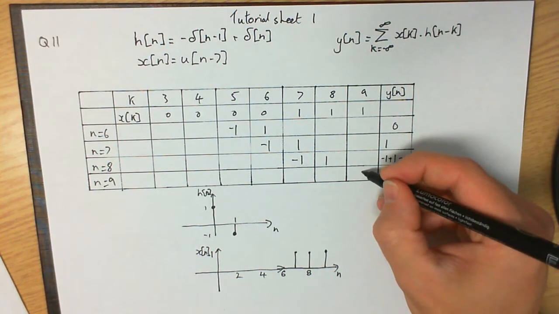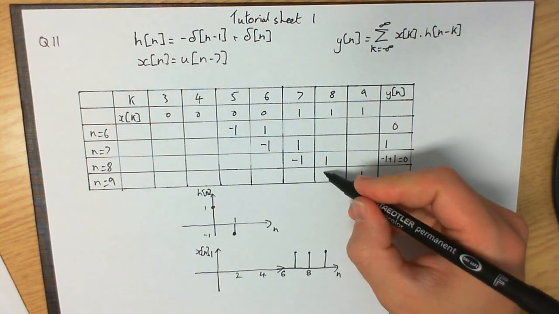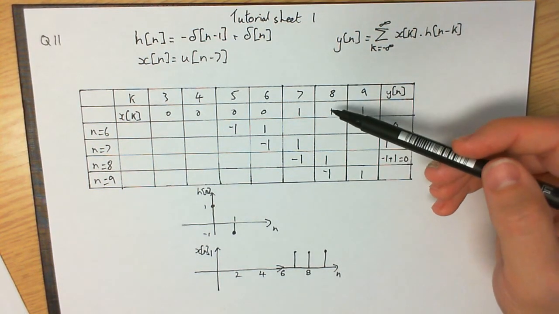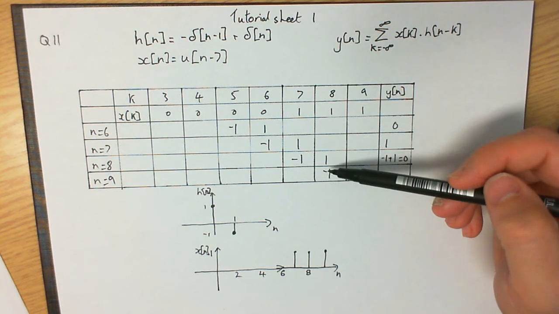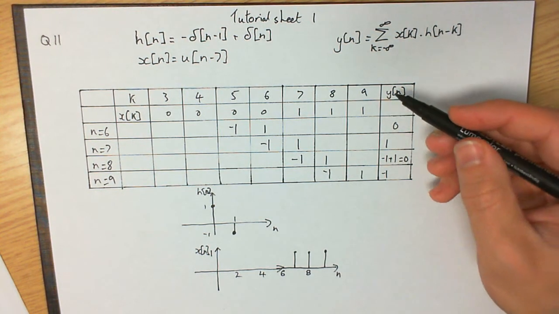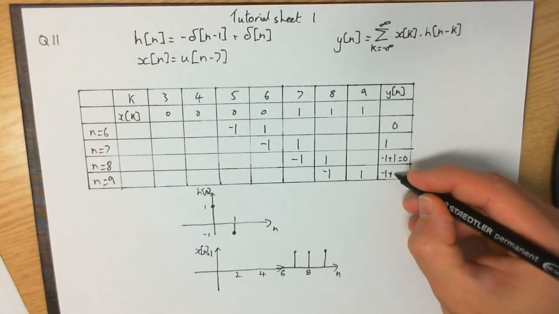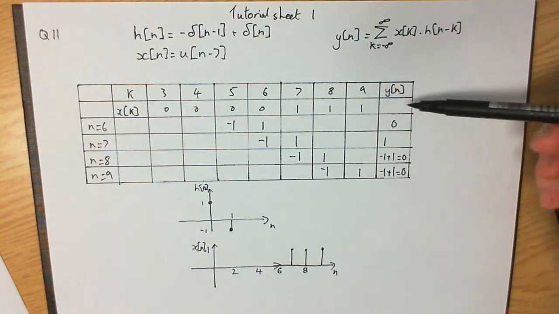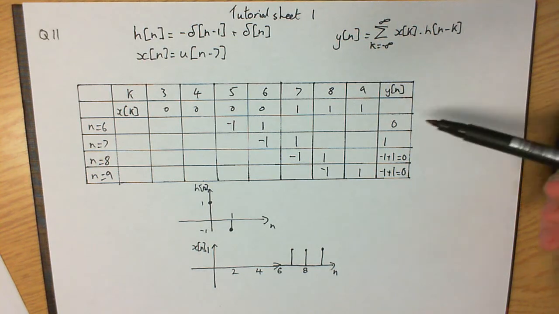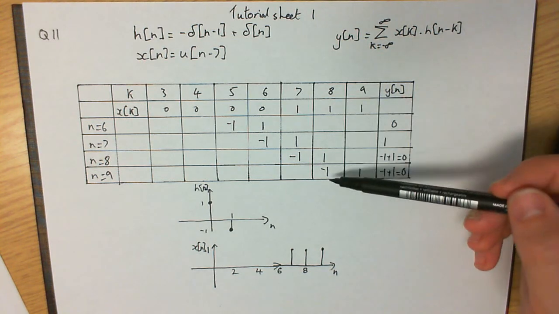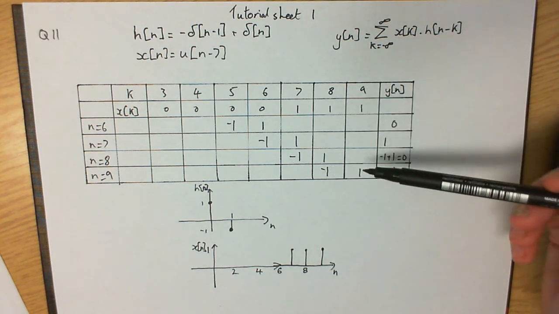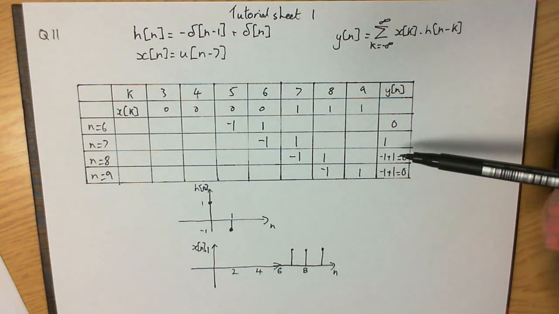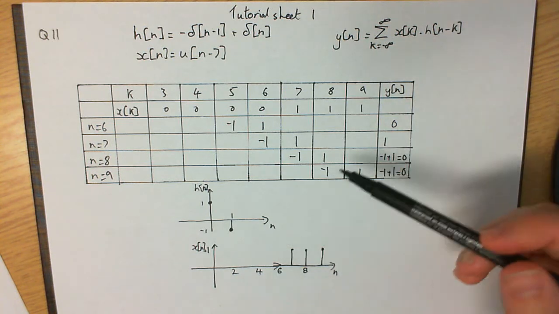If we move it to the right again, we have the same thing occurring again, 1 multiplied by minus 1 and 1 multiplied by 1. And of course x of k will continue being 1 for infinity, but this multiplication of 1 multiplied by minus 1 and 1 multiplied by 1 is always going to give us an answer of 0.